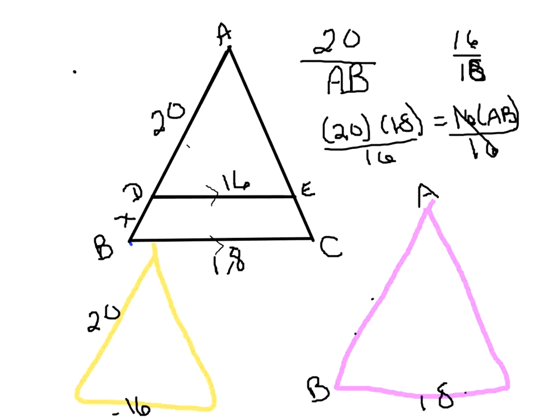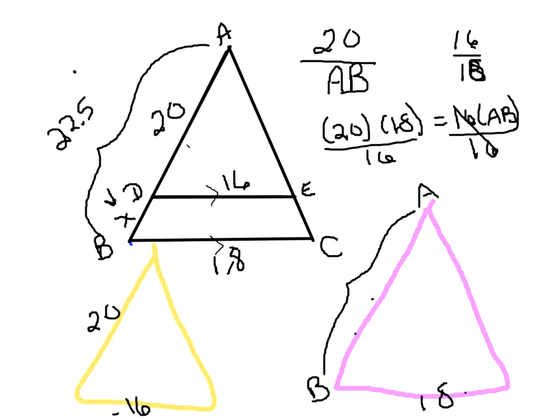So now I know that this whole piece, this AB that's up here, on my calculator says it's 22.5. The piece that I'm looking for is what's left over after that 20. So subtract the 20 from that, and I get 2.5 for this piece right here. So x is equal to 2.5.